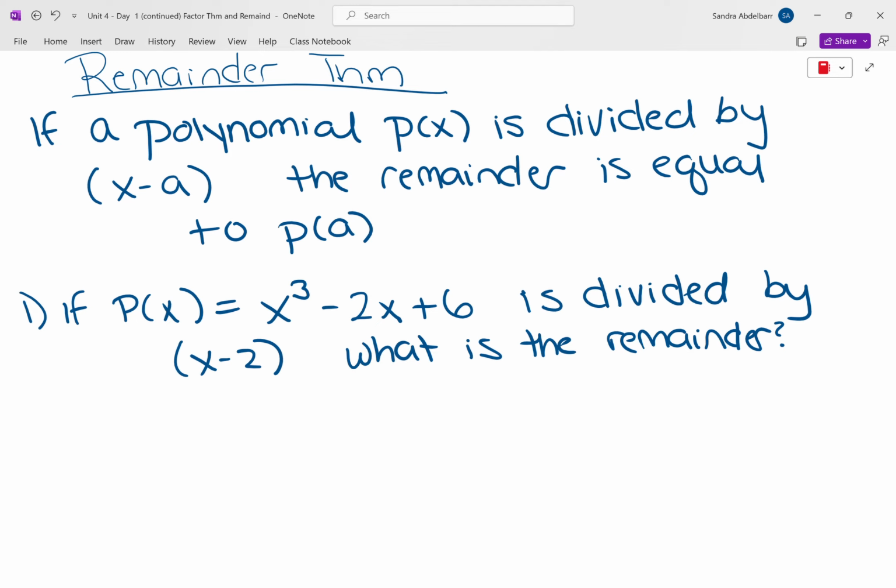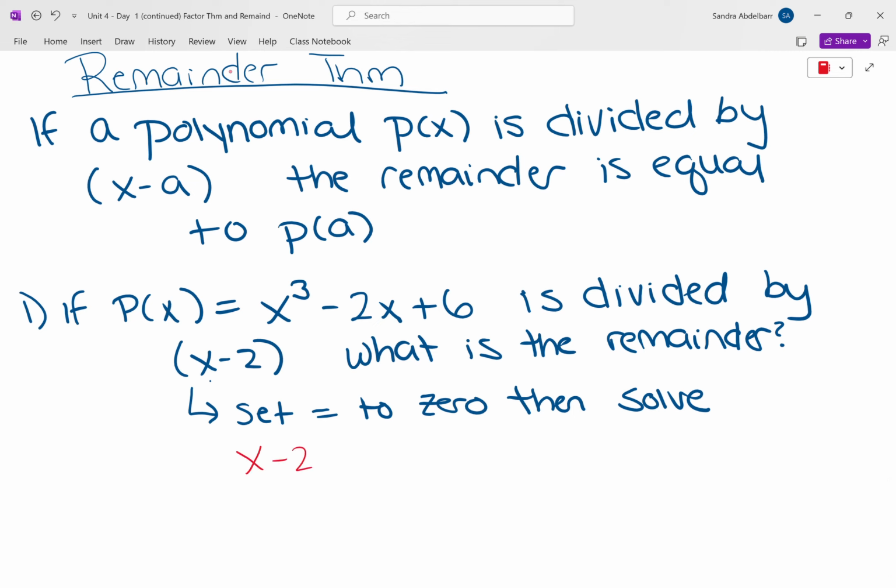So as far as your knowledge goes right now, you can use long division, right, and find the remainder. Can you also use synthetic division and find the remainder? I'm now showing you a third way. If you take the divisor and set it equal to 0, then solve.